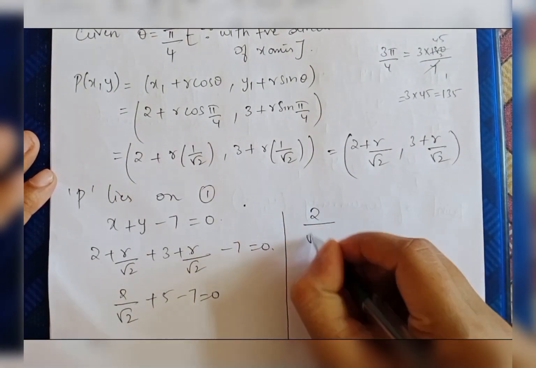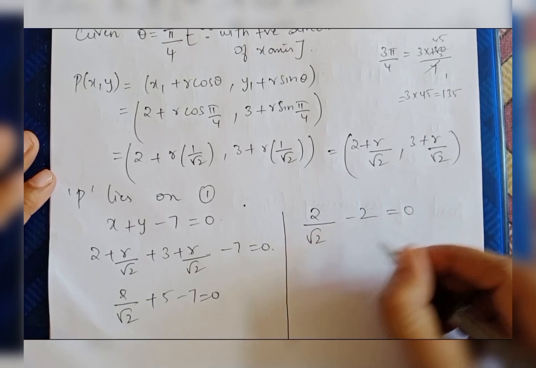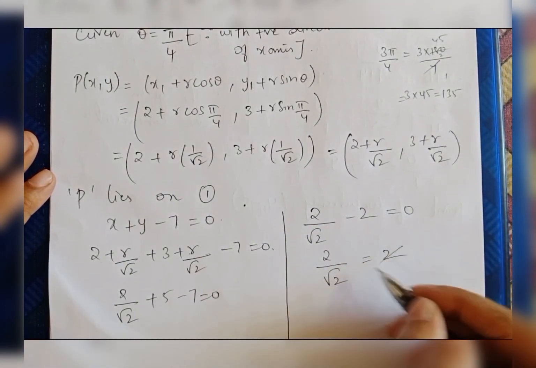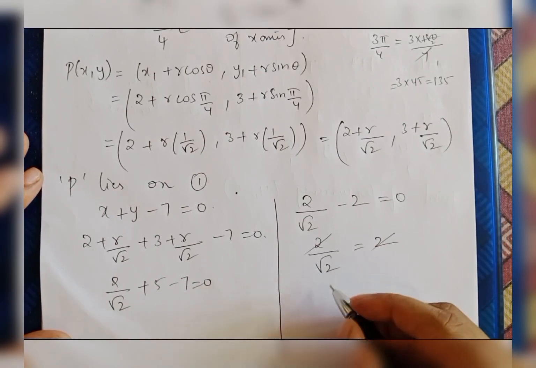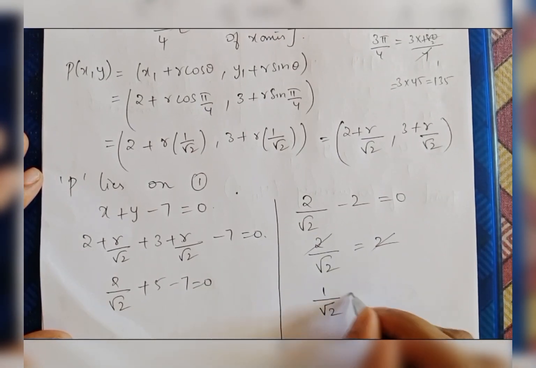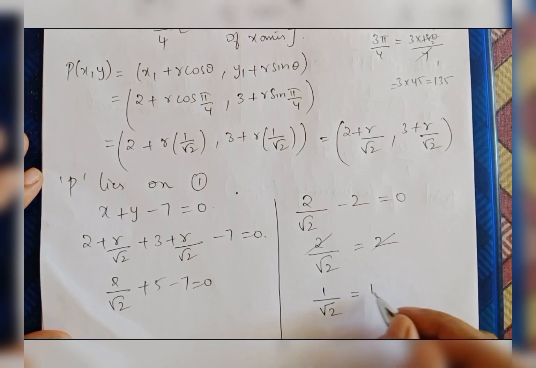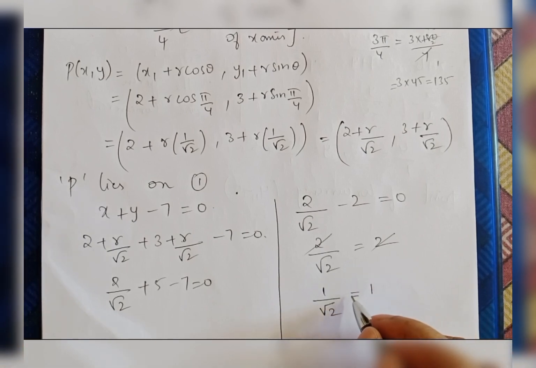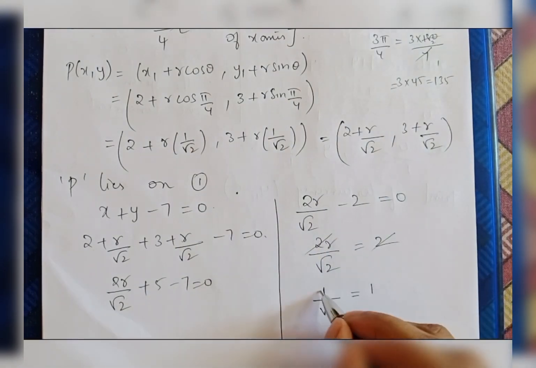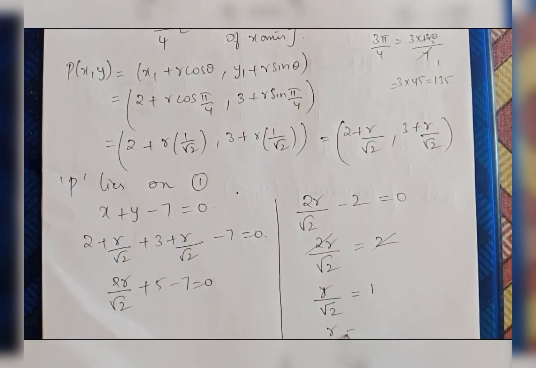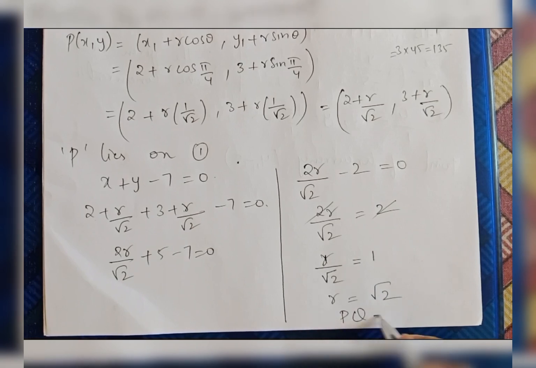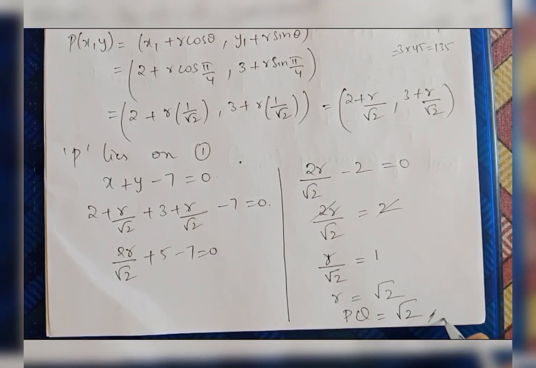So it will be 2r by root 2 minus 2 equal to 0. Minus 2 goes to the other side, so 2r by root 2 is equal to 2. The 2s cancel, so r by root 2 is equal to 1. So r is equal to root 2, which is nothing but the distance between P and Q, equal to root 2.